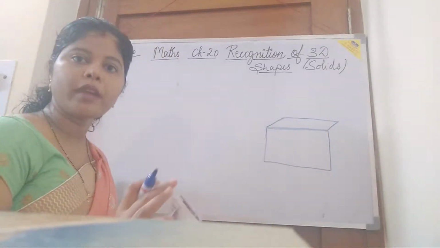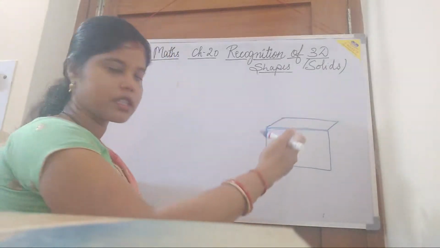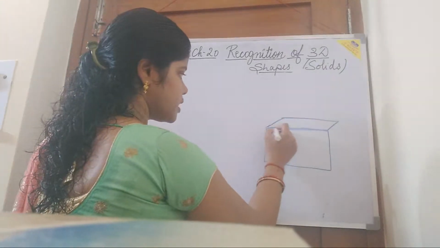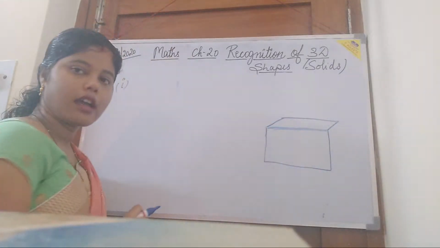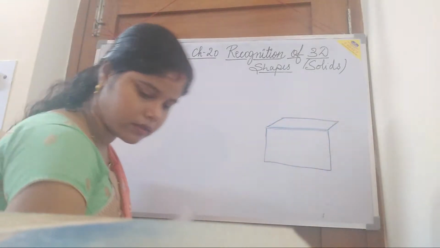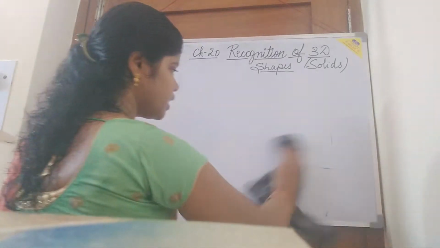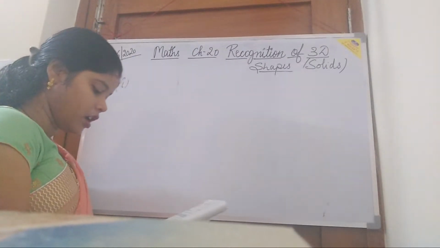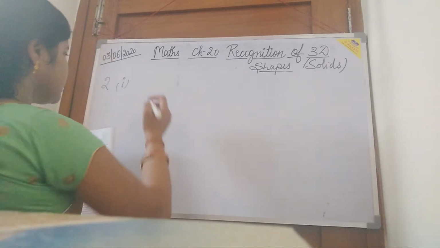This one will form an edge. Adjacent means which is just beside it, just connected with each other. So these are your adjacent faces. So this one forms an edge. This one forms an edge. So the first question is: 2 adjacent faces of a cuboid meet in a line segment called an edge.